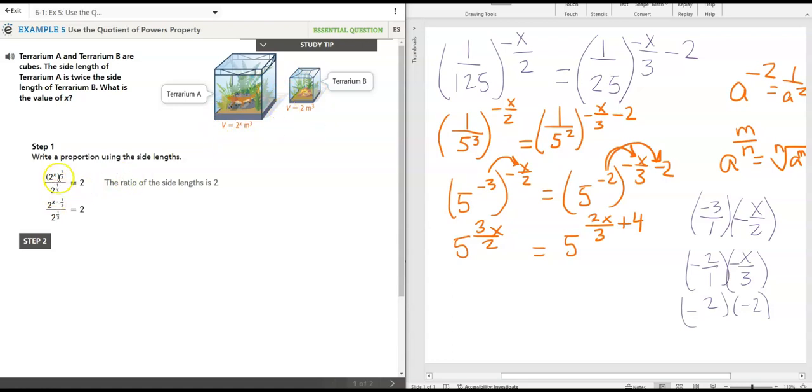So that's where this came from, okay? And the reason we are doing the cube root is because we're looking at volume, okay? And so for volume, you'd be doing your sides cubed. And so the opposite of that will be the cube root.